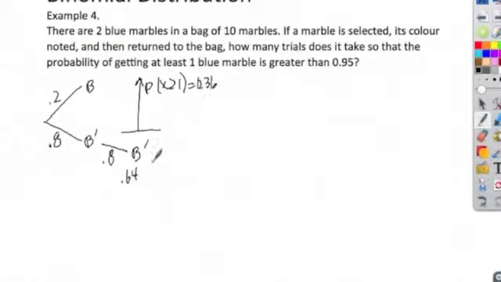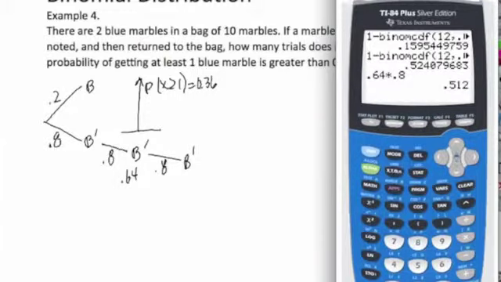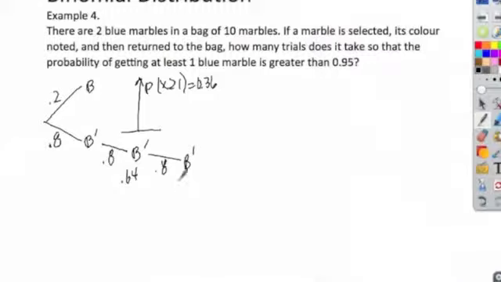If we do it again, probability of not blue, again it's 0.8. And if you multiply 0.64 times 0.8, it's 0.512. So at this point, the probability of not getting any blues in 3 draws is 0.512, which is still fairly big.